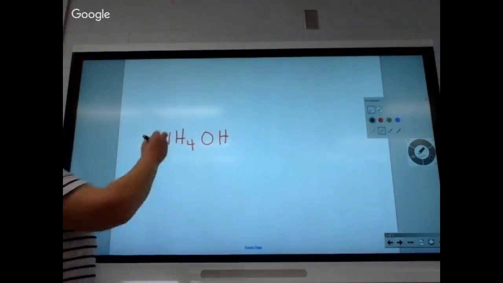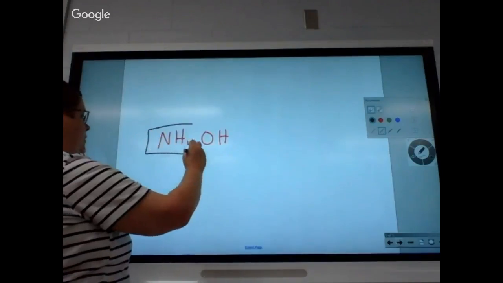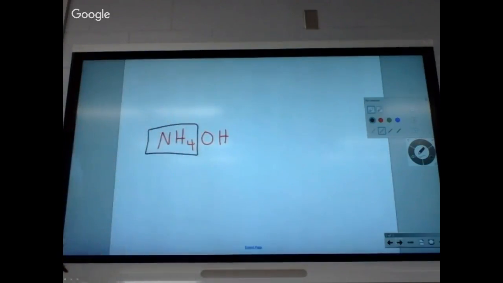All right, this one, when you see it, this is why some people are fans of memorizing the polyatomic ions, and I'm not a huge fan of memorization because the vast majority of you will never take a chemistry class again. If I haven't said this to you, I will before you get out of here. Chemistry is a hoop for the vast majority of you. You are college-bound folks. Most colleges want to see chemistry on your transcript.